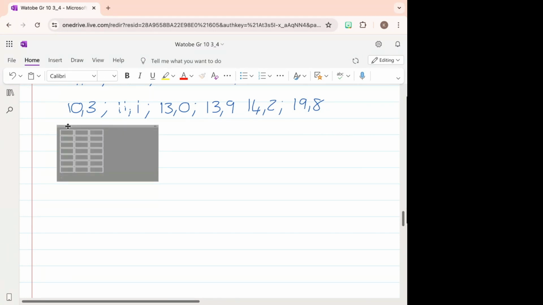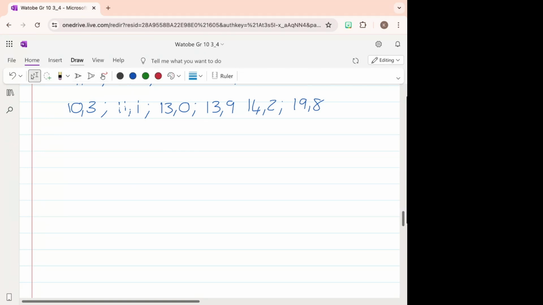All right. So if I had to put this into a table, I'm going to do my table roughly. You can do it nicely with a nice pen and paper. I'm going to give myself 3 nice columns here.